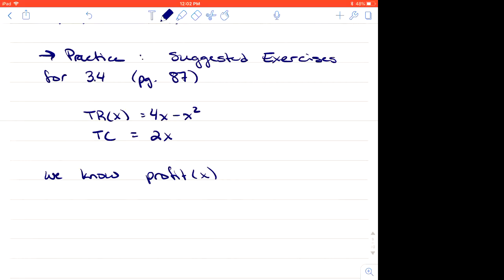So we know that the profit, right, is from our formula sheet, the total revenue minus the total cost, right? And here we're given the total revenue and the total cost. So we can set this up as 4x minus x squared minus 2x.